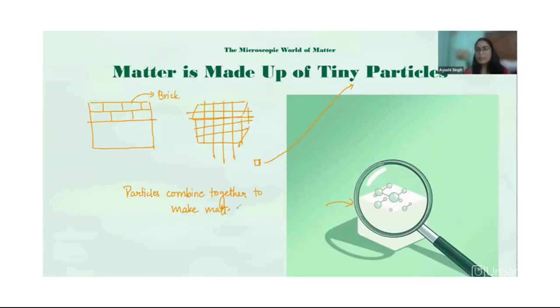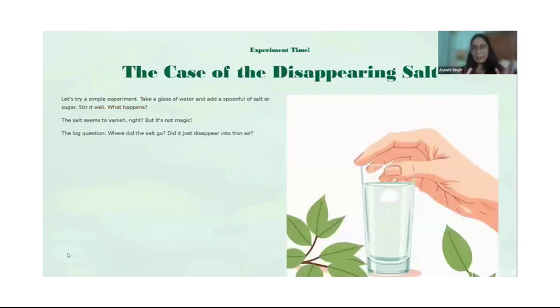Moving ahead, let's imagine an experiment. Let's take a glass of water. You might have done it while making lemonade. Try adding a spoonful of salt to it. Once you start stirring it, after a certain point you will see that the salt is completely dissolved and you are unable to see it. So the salt disappeared magically. Is it magic? I don't think so. It is science.